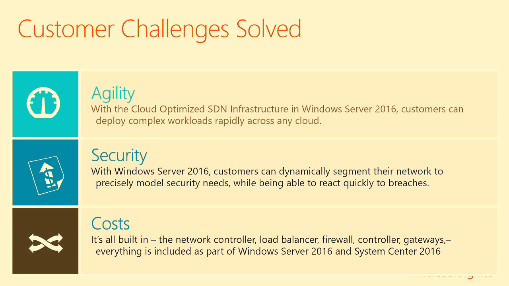Now you can have a virtualized distributed firewall throughout your deployment. And because of the high throughput that we are able to achieve, we can pack more VMs in a physical host, and so you can reduce cost. So these are the challenges. Server 2016 solves these challenges.